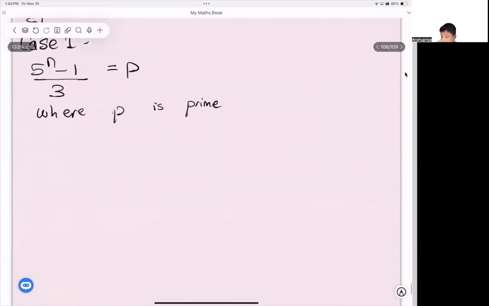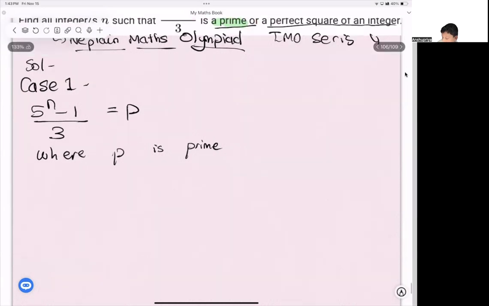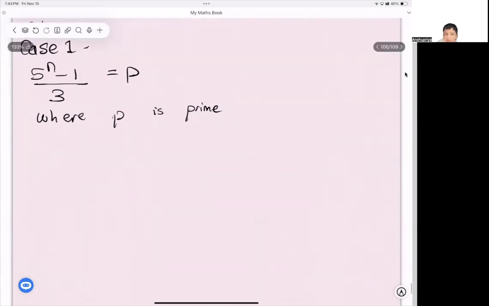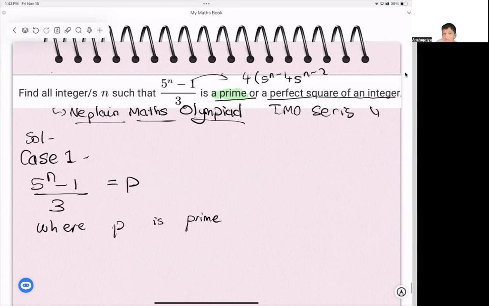Alright, guys, this is the case. I think I should highlight it. Prime. Okay, so can we expand this and say that 5^(n-1) + 5^(n-2) + 5^(n-3) + ... + 5^0?